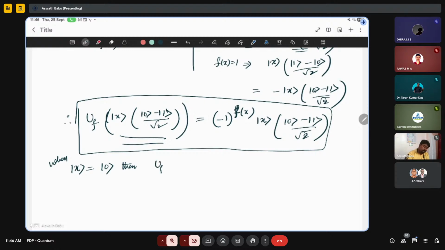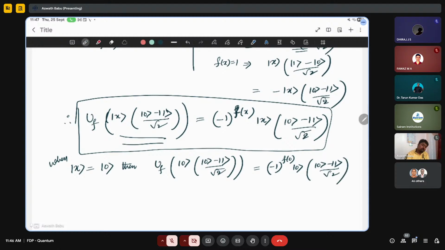On the left, I'll have the unitary acting on 0, 0 minus 1 divided by square root of 2, which is equal to minus 1 to the power of f of 0, 0 ket, 0 minus 1 divided by square root of 2. Remember, I'm not allowed to change the function value, but I'm allowed to change the x value. What I did, according to the x value, was replace the above function with the x value. Now, the unitary acting when x is equal to 1.